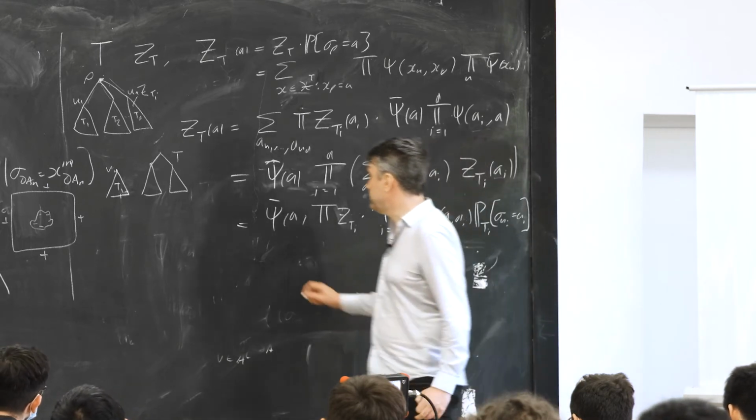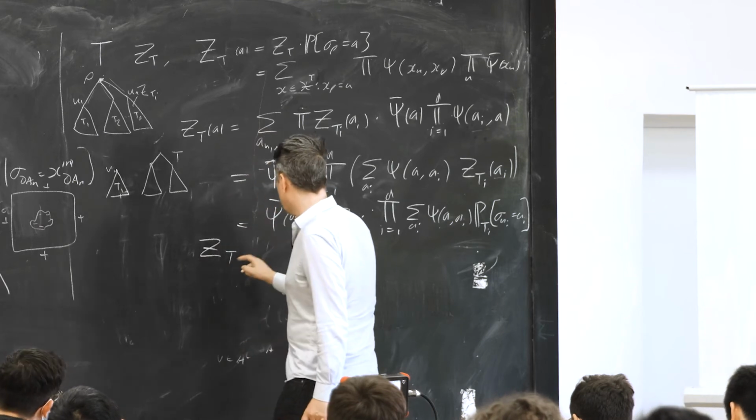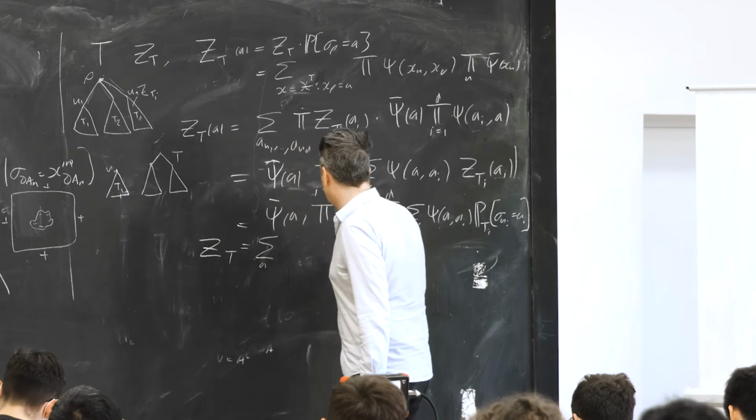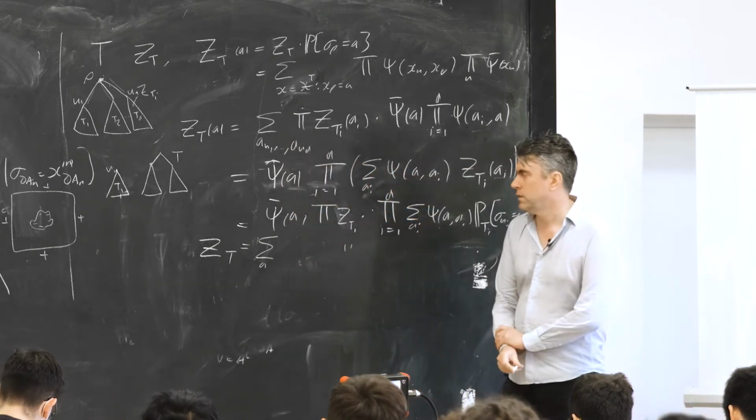Okay. And so Z_T would just be the sum over all choices of A of this formula.